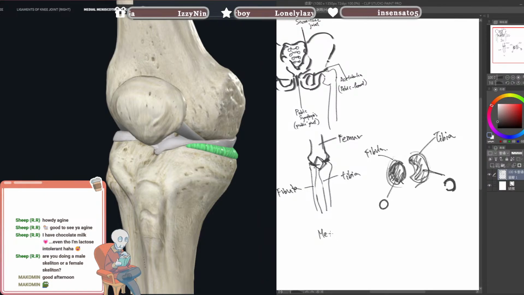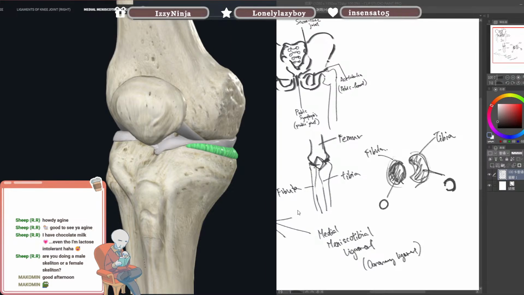Medio meniscotibial ligament, also called by the short name, coronary ligament. You can just point to it there. That green thing is the medio meniscotibial ligament.